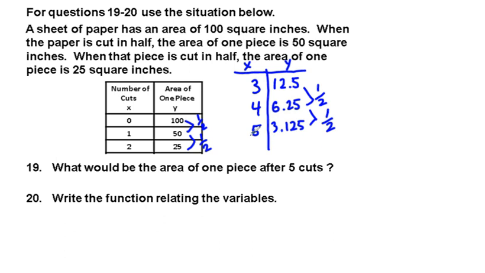And that's going to be after 5 cuts. These are all in units of square inches. So we will say 3.125 square inches, which we put as inches squared like this. And that'll be after 5 cuts.